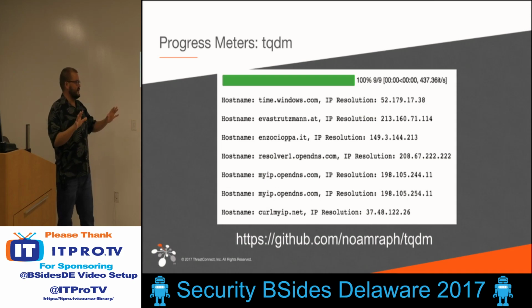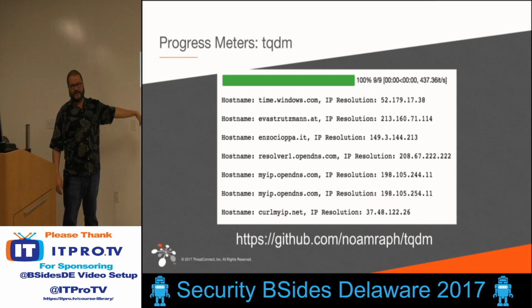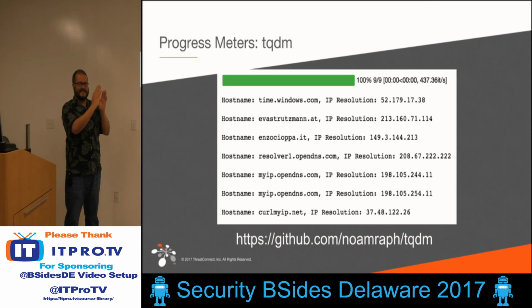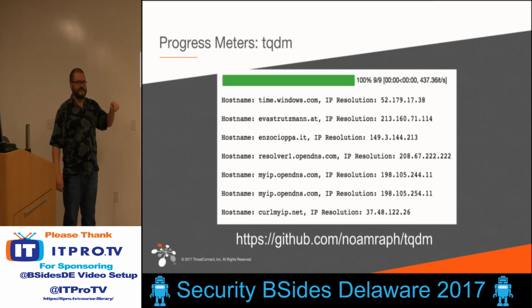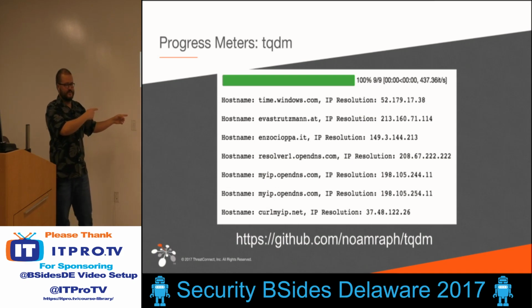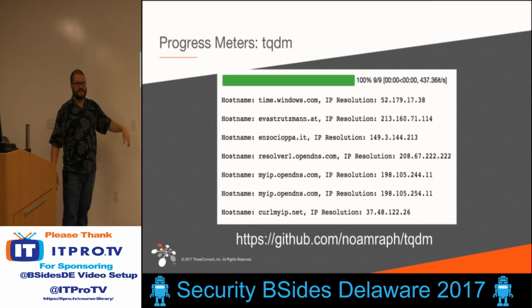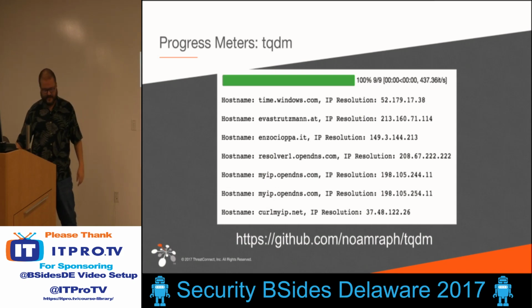So having a progress meter so that you can see that something is happening is really awesome. And this is an open source project, tqdm, which provides progress meters for command line Python and progress meters in JavaScript in Python notebooks.